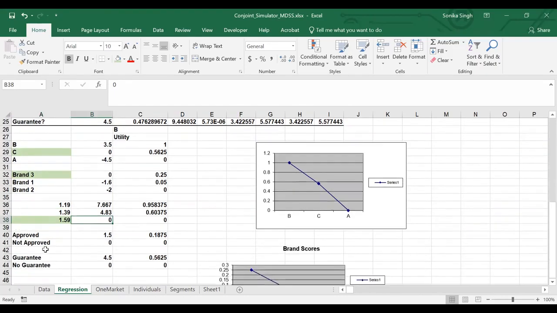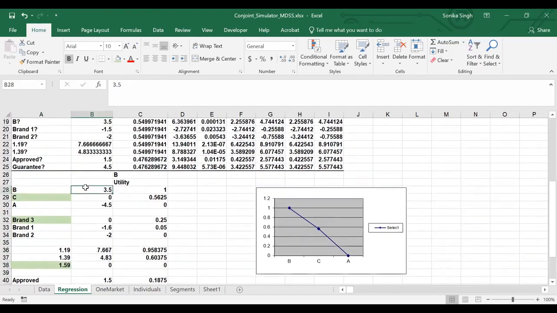So I hope this concept is clear. And you can plot these part worths. The way to convert these part worths to utility is a very simple formula. You take the part worth and you subtract from it the minimum of these. So that means 3.5 minus the minimum, the smallest number here, which is negative 4.5.